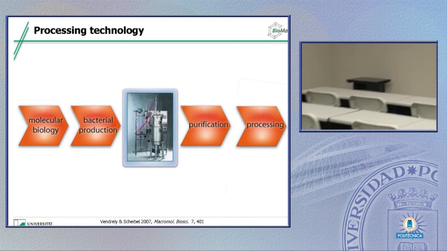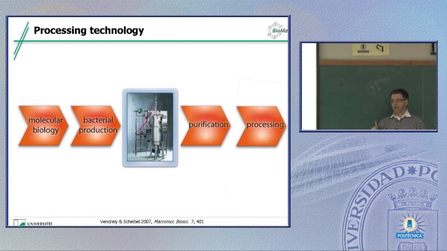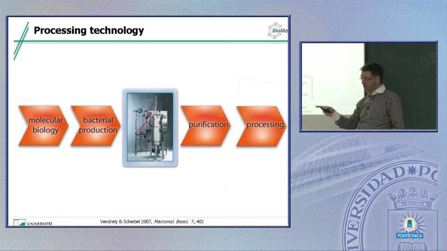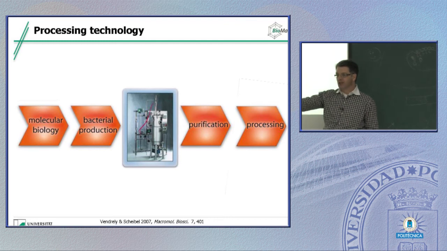Yeah, so that's the issue. That's a very good point. I mean, this is what I was told 10 years ago when I started. You will not be able to produce soluble silk. When I wrote my first proposal, the reviewer said, you will fail because the silk is not soluble in bacteria.